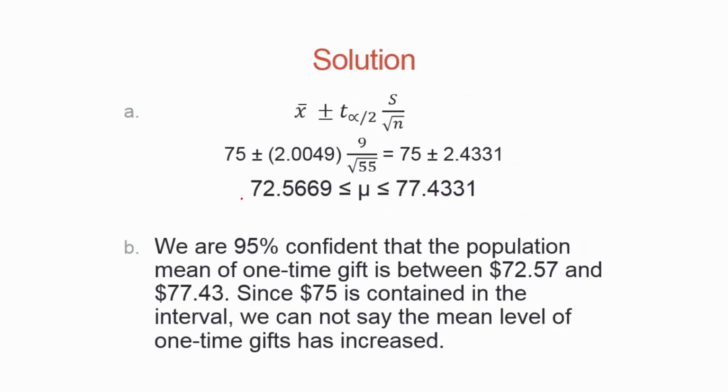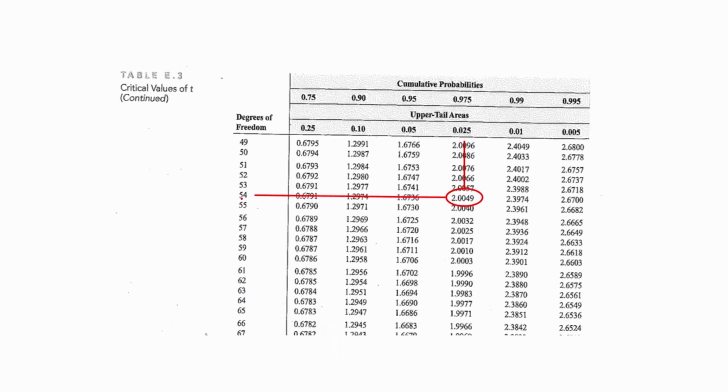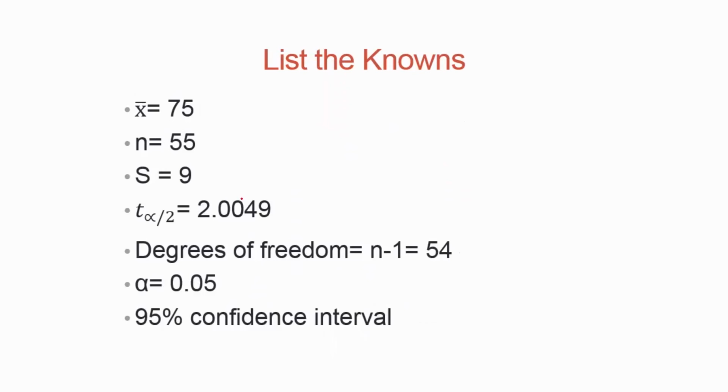Now I plug into my formula. The formula says x bar plus or minus t alpha over 2 times S over the square root of n. X bar was 75, n is 55, and S is 9.